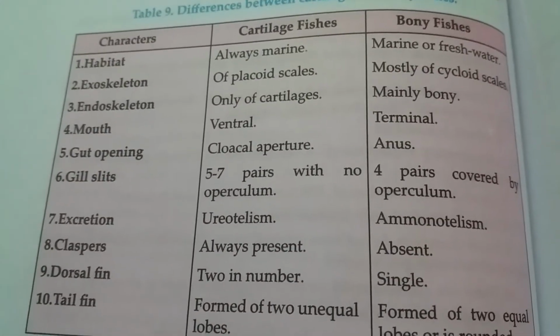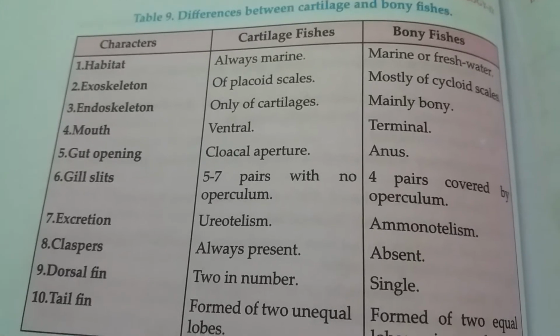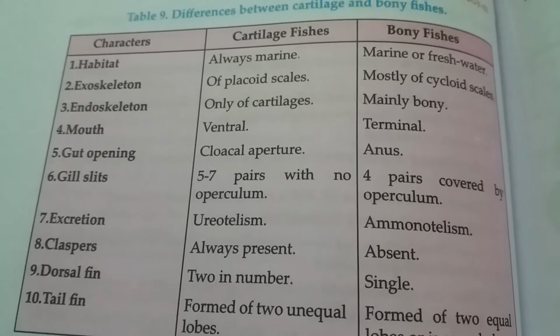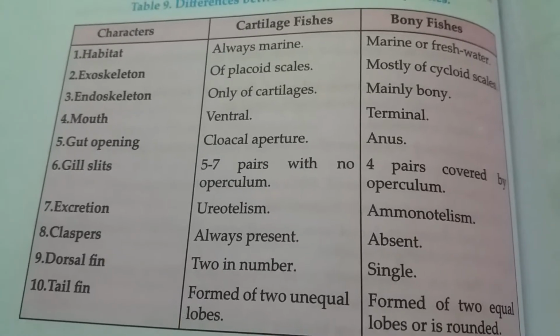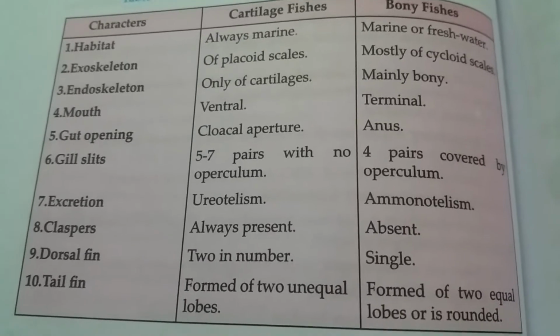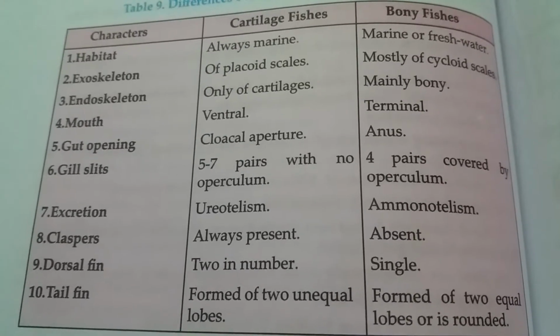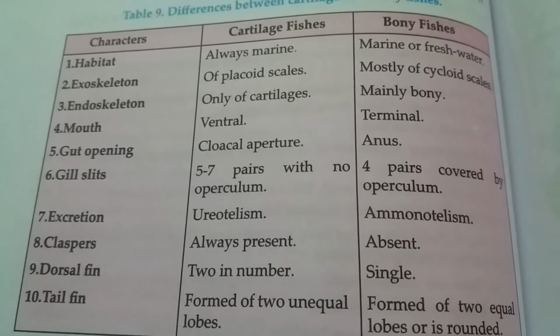Rounded scales are present. Now its endoskeleton. In cartilaginous fishes only cartilage is present, while in bony fishes the endoskeleton is bony. Mouth is in ventral position, while in bony fishes in terminal position. Gut opening is a cloacal aperture, and in bony fishes there is presence of anus.